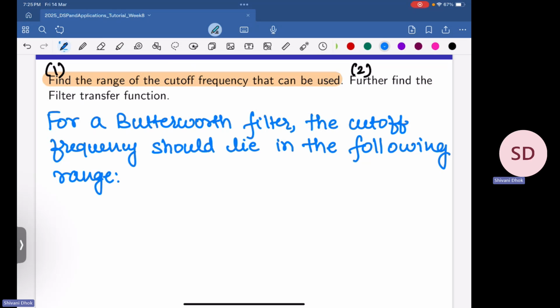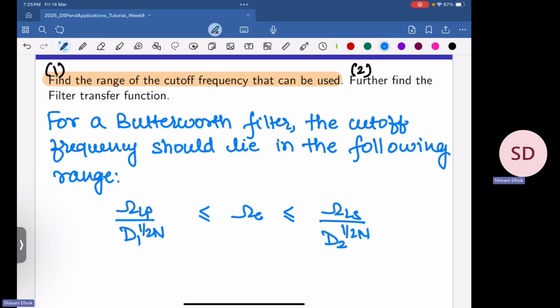That is, omega lp divided by d1 to the power 1 by 2n is less than or equal to omega c, which is less than or equal to omega ls upon d2 to the power 1 by 2n.